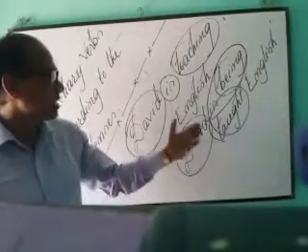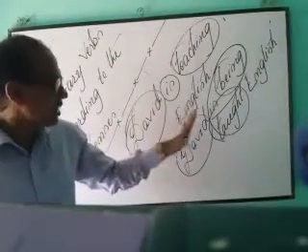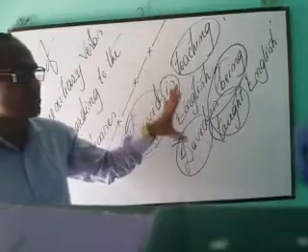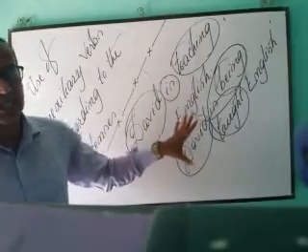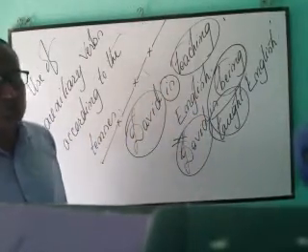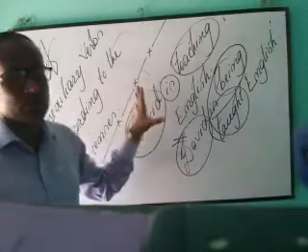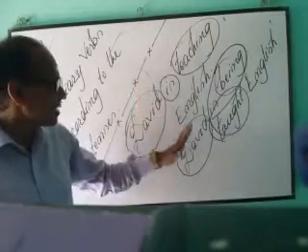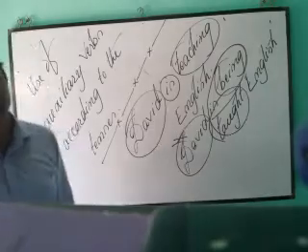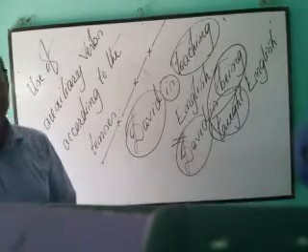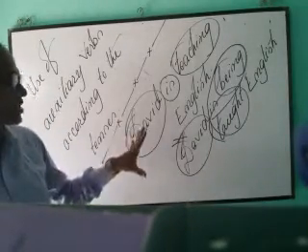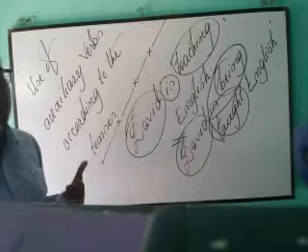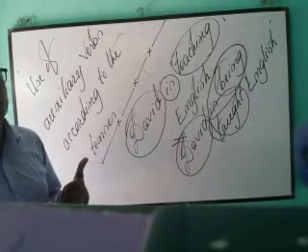So that's why if you want to differentiate active voice from the passive voice, first of all you need to know the 12 structure of tenses and the universal structure of passive voice. So today I have discussed in details how to differentiate passive voice from the active voice.